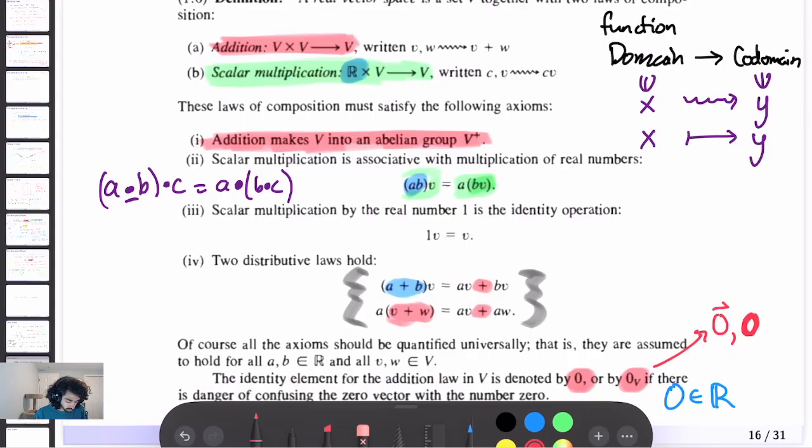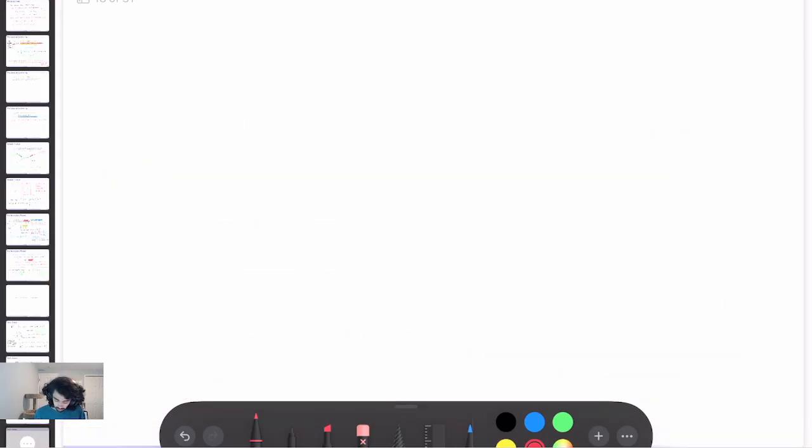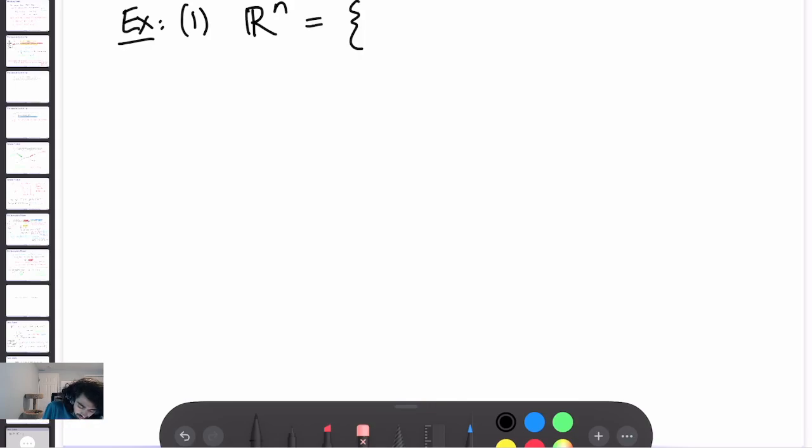So I want to give some examples. The first one is the example from before, let me number them. Rn, again, in real generality this time, where each xi is a real number.